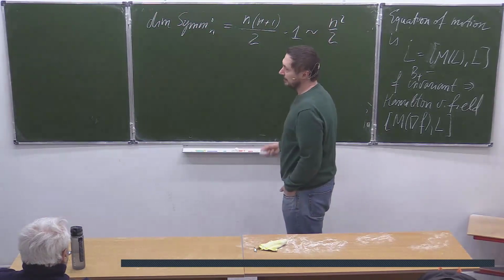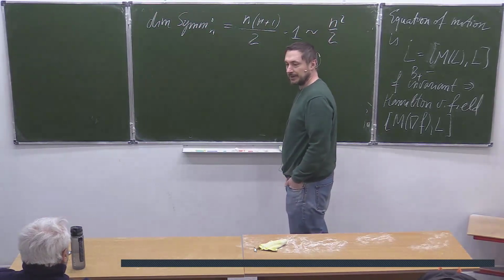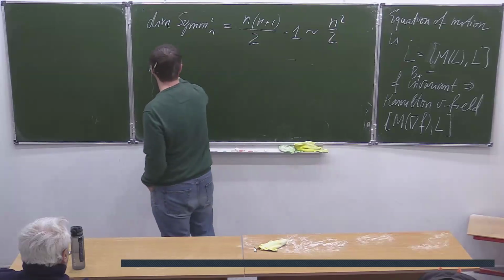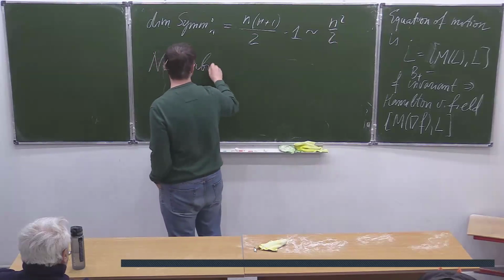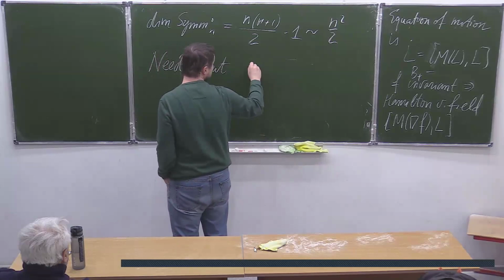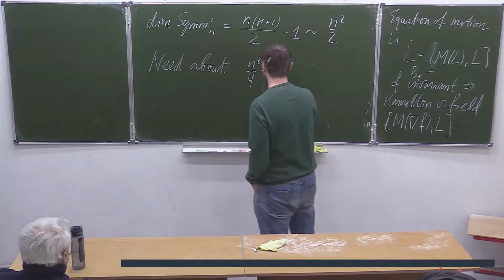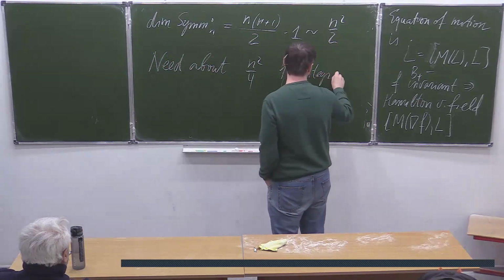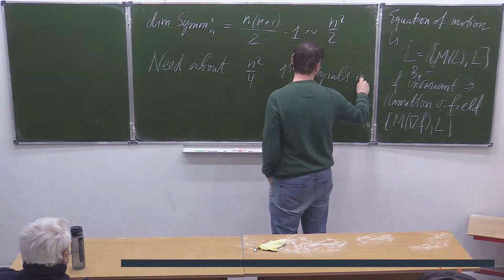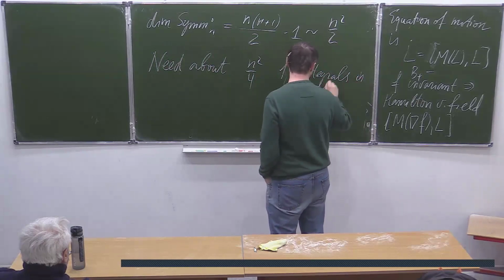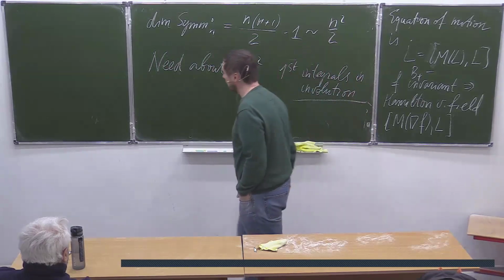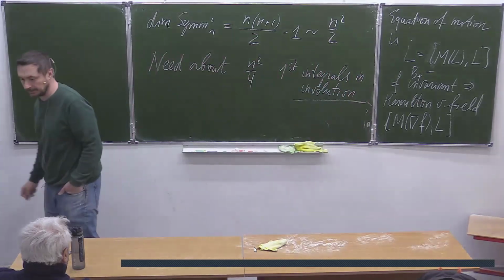Even if I take into account some Casimirs, I will still need about n squared divided by 4 first integrals in involution to make sure that it is integrable in some sense.